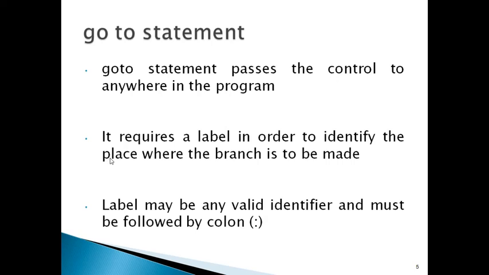It passes the flow of execution. Whenever the goto statement occurs, with the goto word and some label specified, it goes to that particular label and directly jumps. The control will jump to the label specified beside the goto statement.